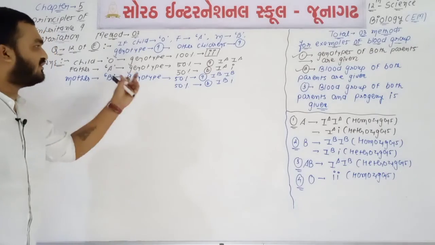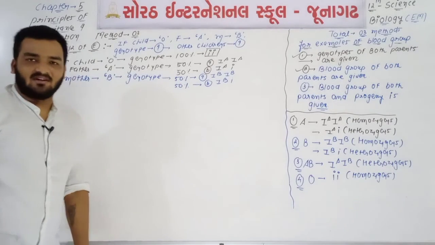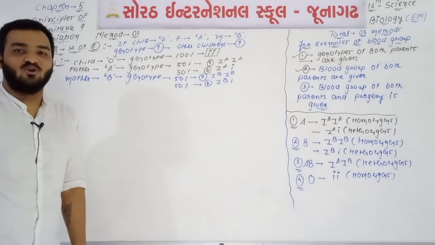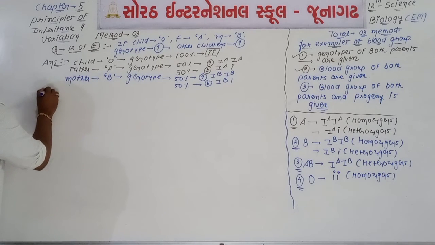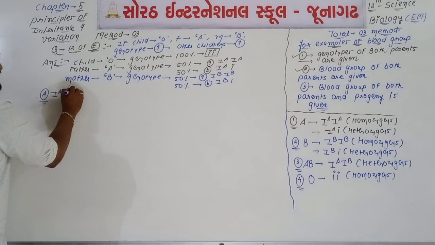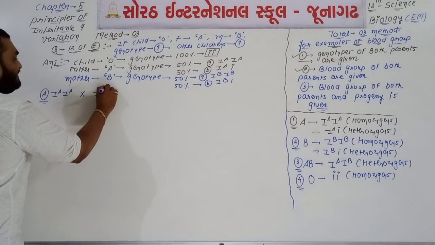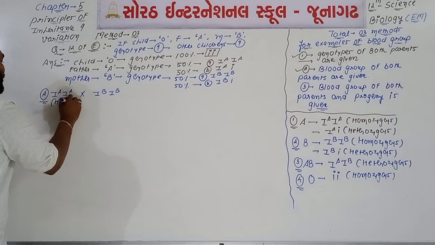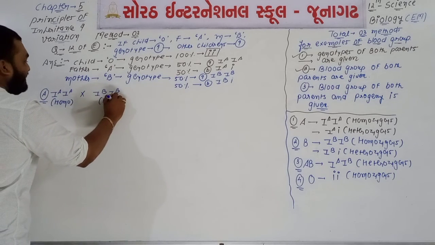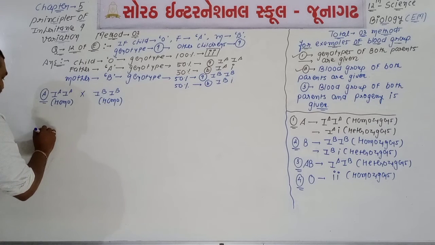So 2 options for father and 2 options for mother, so 2 multiplied by 2 means 4 options. Now we are writing all 4 options. Option A: father is IA IA and mother is IB IB, means both homozygous.